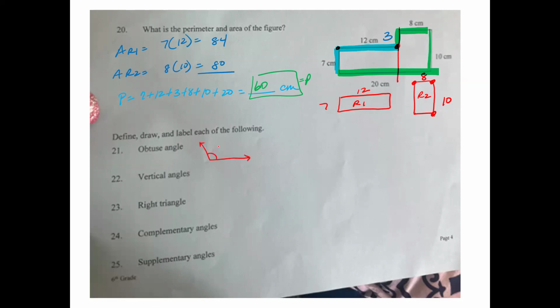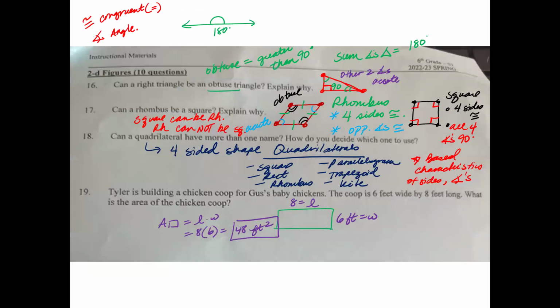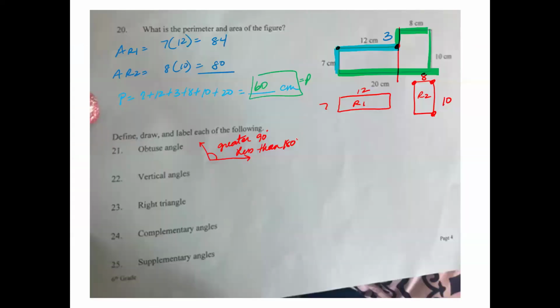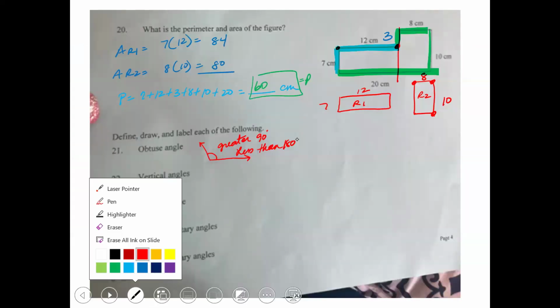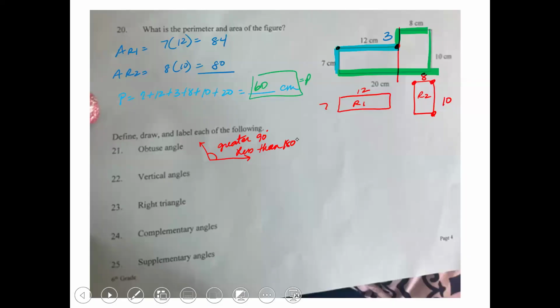Obtuse is going to be greater than 90 degrees, less than what? Less than 180. Yeah. Vertical angles. Remember vertical angles, the way I like to remember them, they're like railroad tracks, they're crisscross.